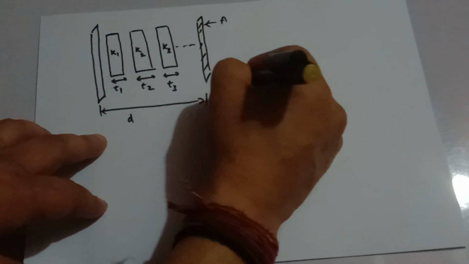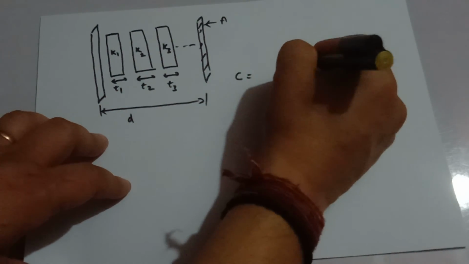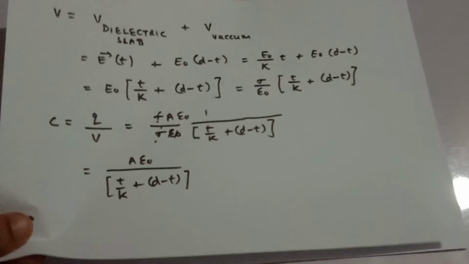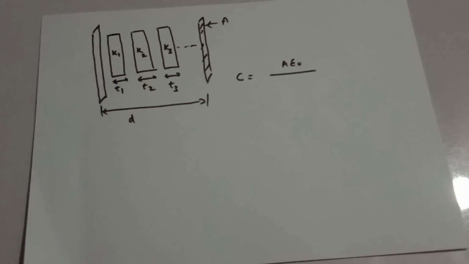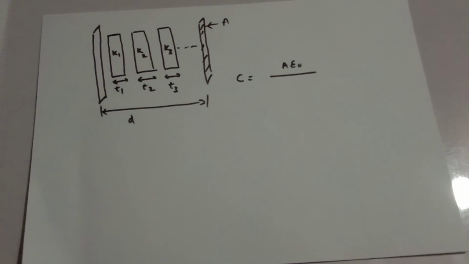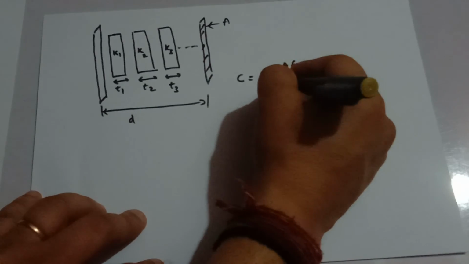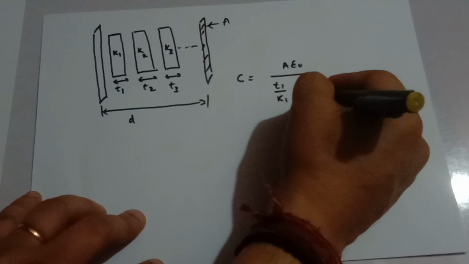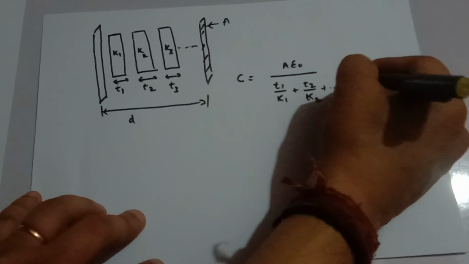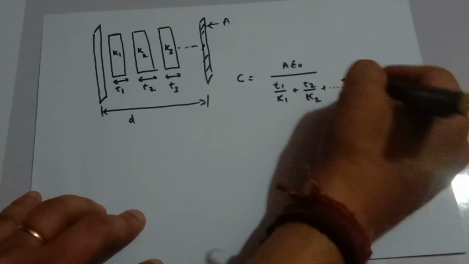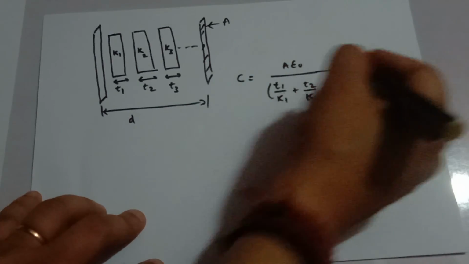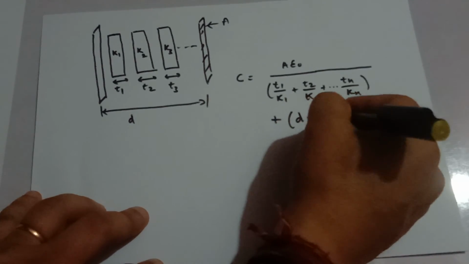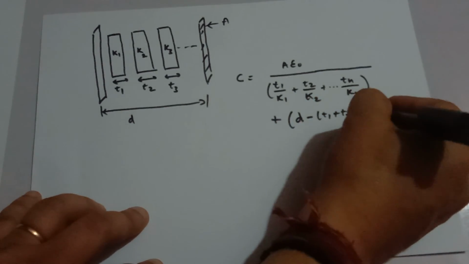So the capacitance, which was for only a particular dielectric slab, would now, for n dielectric slabs, become A epsilon naught divided by (T1 by K1 plus T2 by K2 up to Tn by Kn, plus D minus (T1 plus T2 up to Tn)).